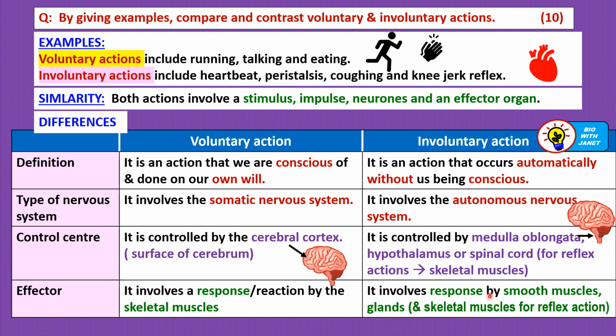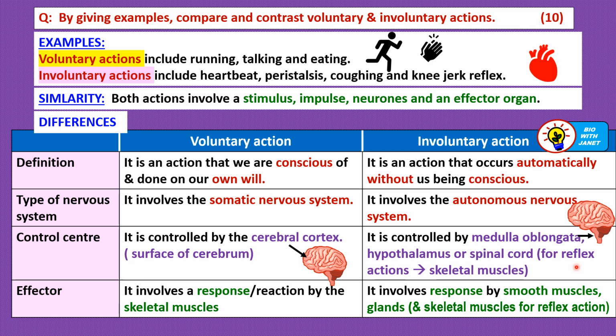So involuntary action involves a response or reaction by the smooth muscles in the body. Smooth muscles are found in the walls of the arteries and also the digestive tract, like the esophagus, stomach, and so forth.